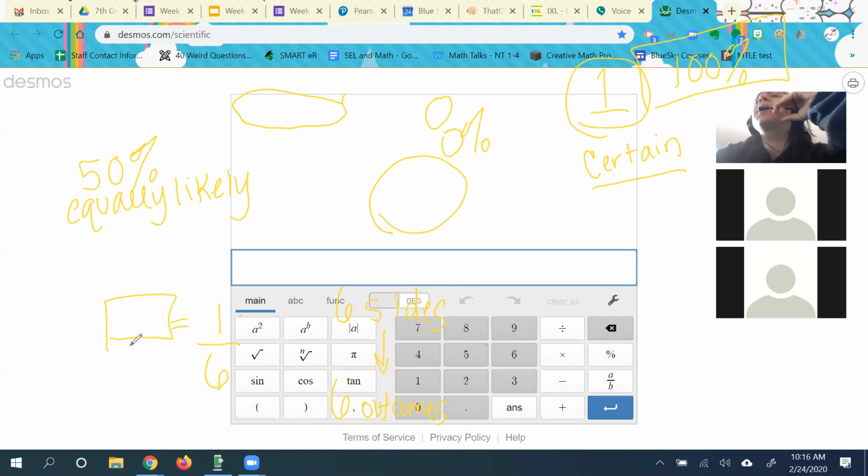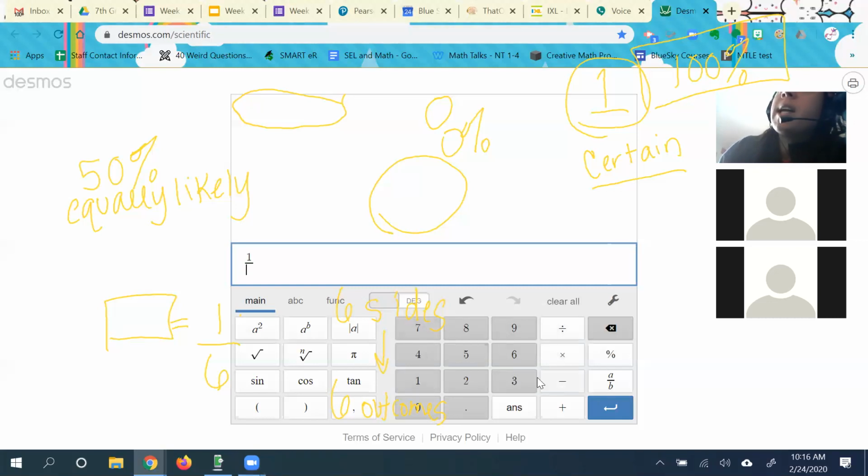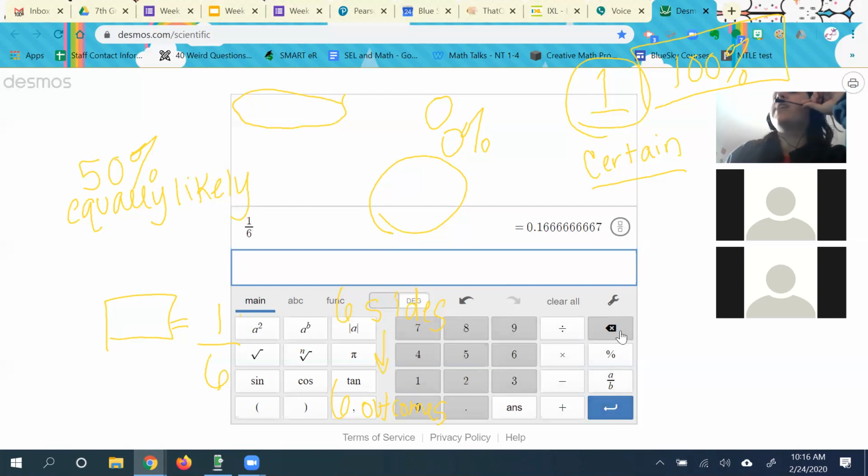Can you guys still hear me? Hello, hello. Oh, good. Okay. So if I wanted to turn this 1/6 into a decimal, and that's okay if we don't know, no problem, all I have to do is go 1 divided by 6. So we're just typing it into Desmos just like that, and that tells us the decimal.